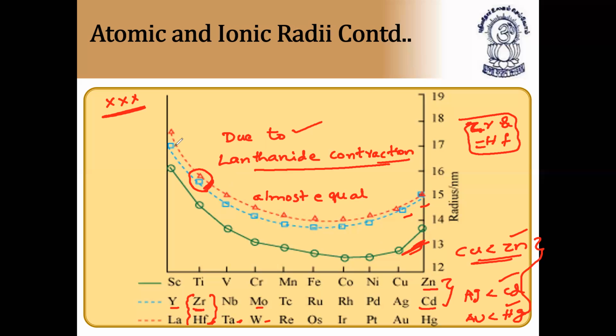So 4D and 5D series elements have more atomic radius than 3D elements, because it is 16 and starting with 17.2, something like that. That is radius in nanometer. This is the trend of atomic and ionic radii of 3D, 4D, and 5D series. 6D is incomplete, that's why we are not discussing it.